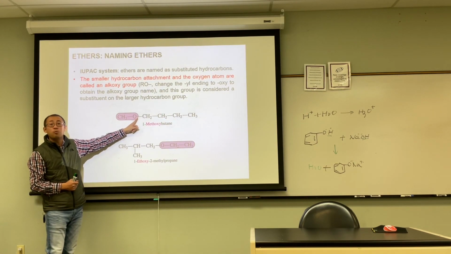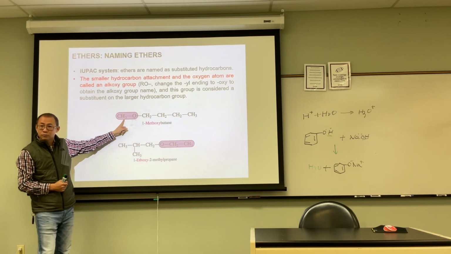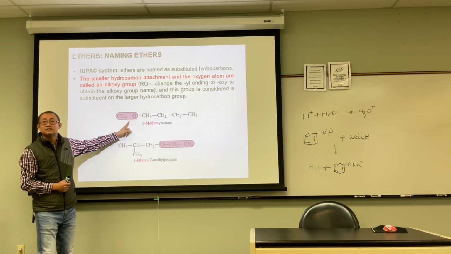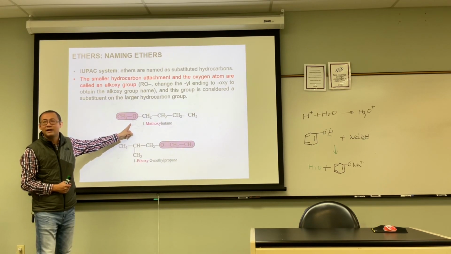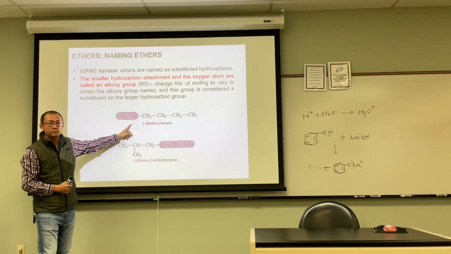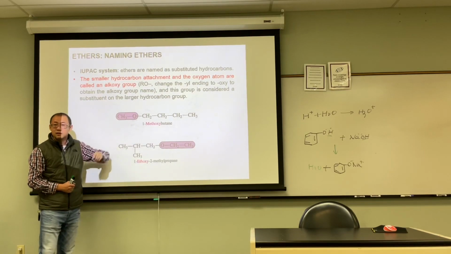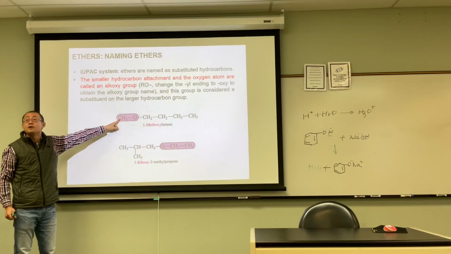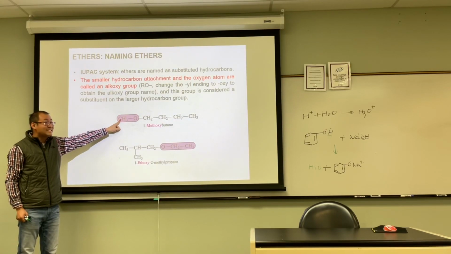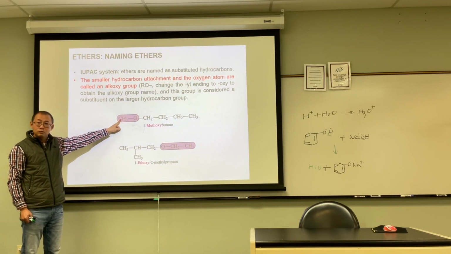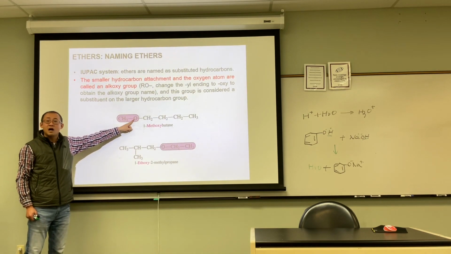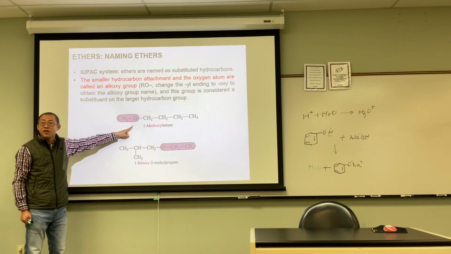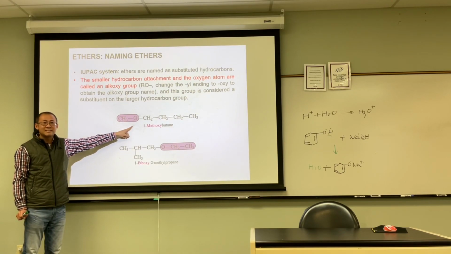You drop the YL of the group and replace it with OXY. For example, this is a methyl group. You replace the YL of the methyl with oxy, so the whole thing is called a methoxy group.